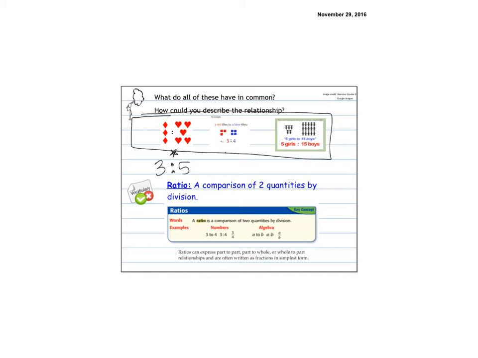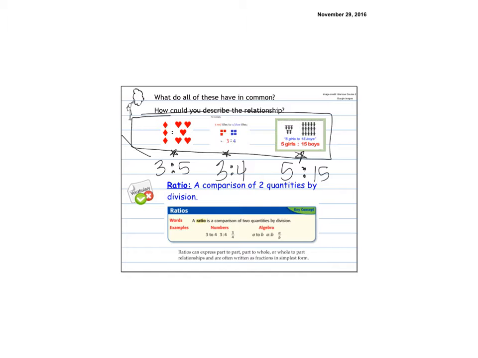Here we have 3 red tiles to 4 blue tiles. So we would say 3 to 4, so 3 red to 4 blue. And then here we have 5 girls to 15 boys. So we would write it as 5 to 15. These are all examples of ratios.